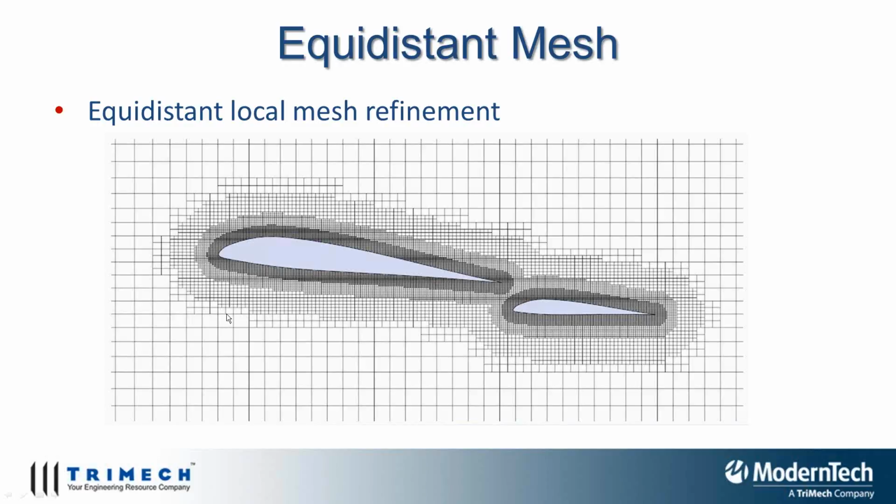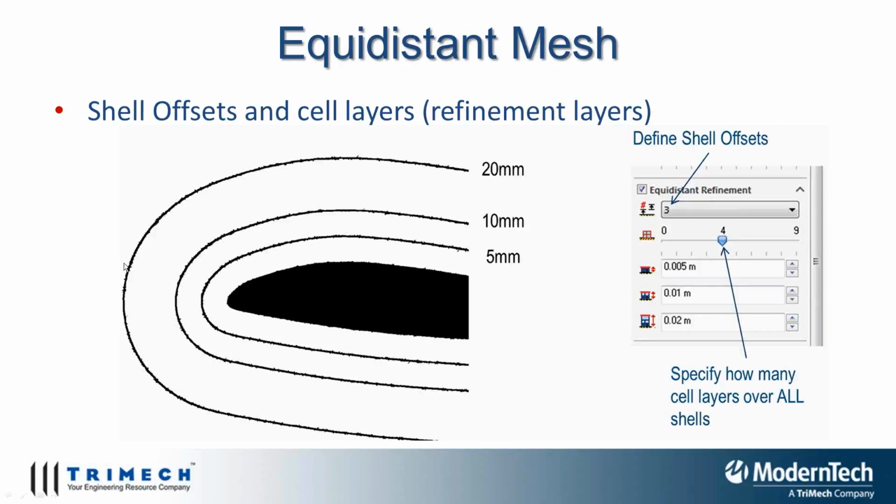In 2016, you can certainly use the dummy geometry. You can also specify what we call shell offsets and cell layers. What this means is the user can specify up to 3 virtual layers, 3 virtual shells or 3 virtual envelopes of mesh, and then specify the degree of mesh refinement within these shells.